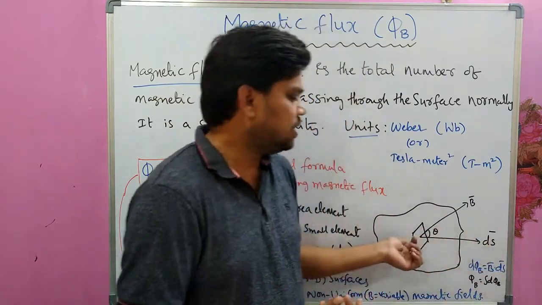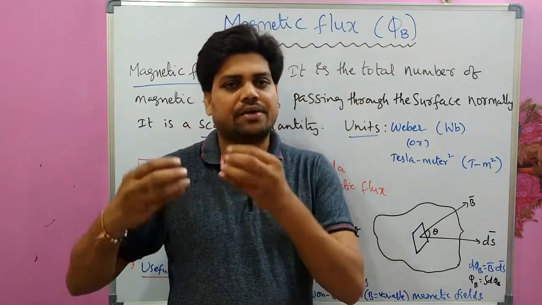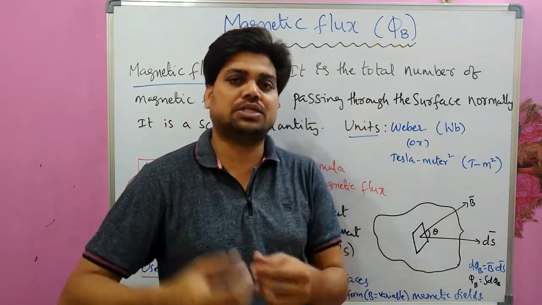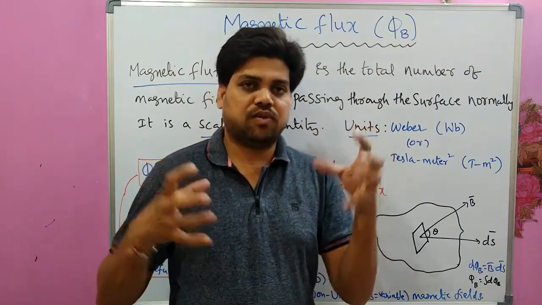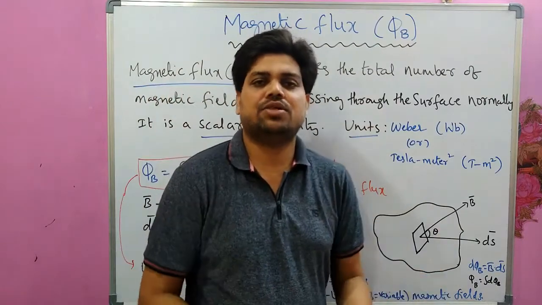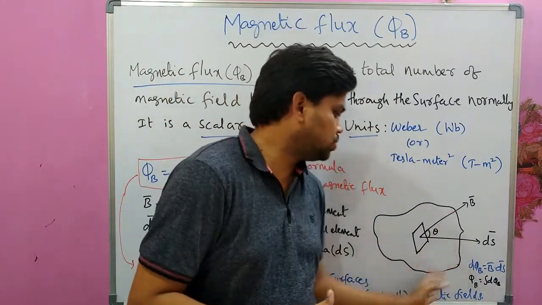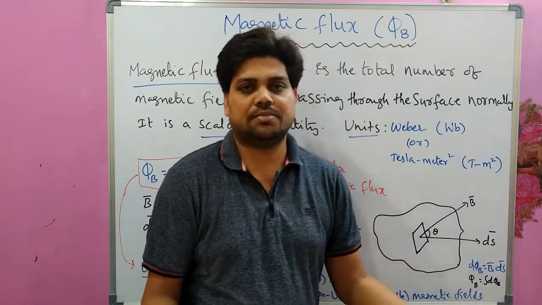But in general, we divide the surface into small area elements, find out the magnetic flux passing through each small area element, and adding all the fluxes passing through the small area elements will give you the total magnetic flux passing through the surface. Adding up means nothing but integration.